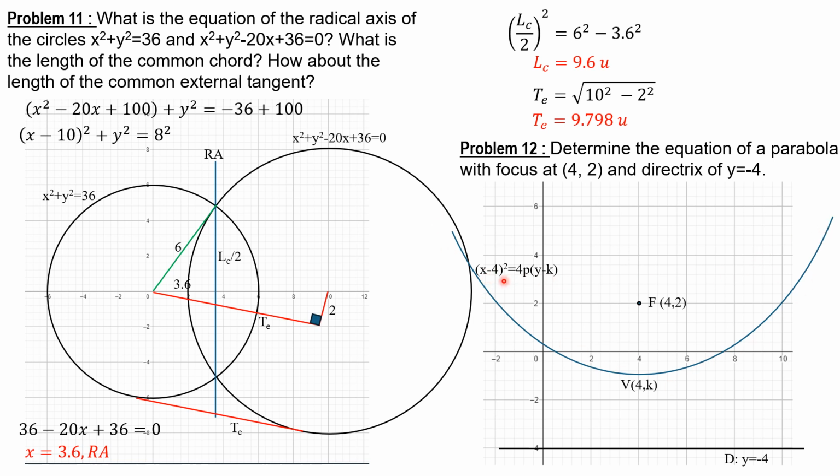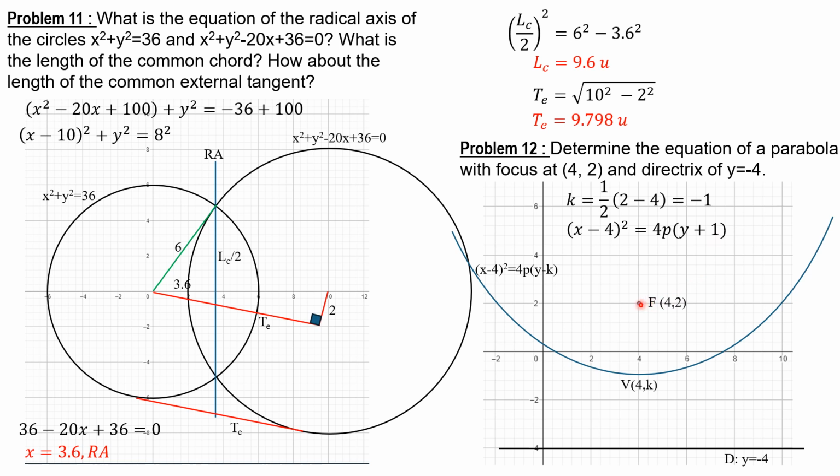So (x minus 4) squared, where the vertex is (4, k), equals positive latus rectum, 4p, times (y minus k), where k is 1/2 of 2 plus -4, and that is -1.